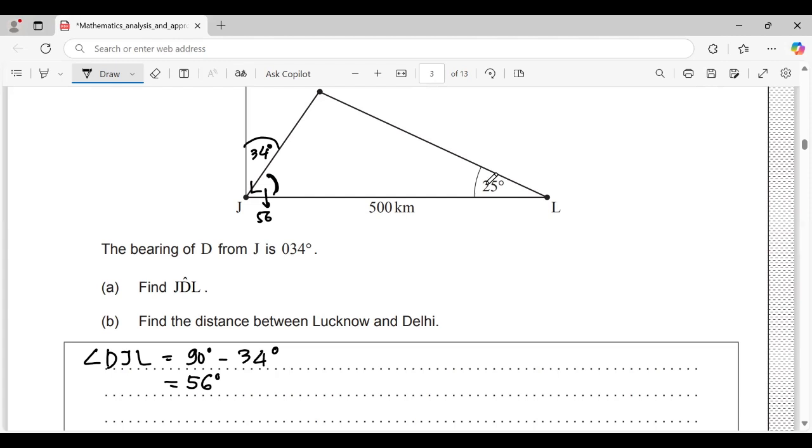If this one is 25 and this one is 56, we can calculate the angle JDL.